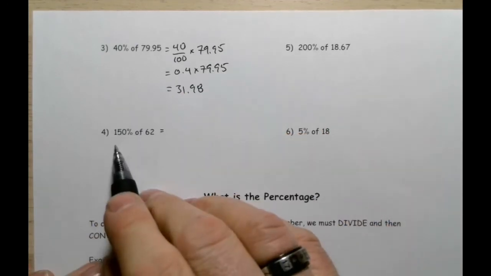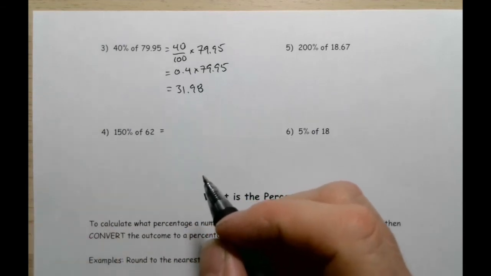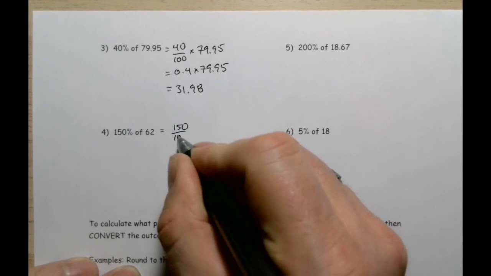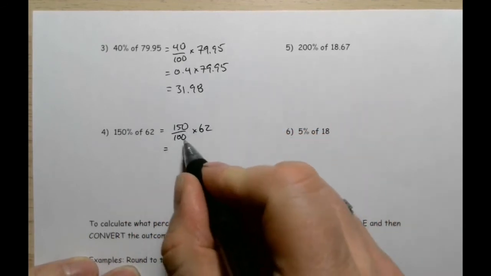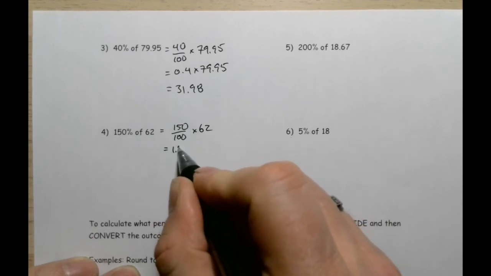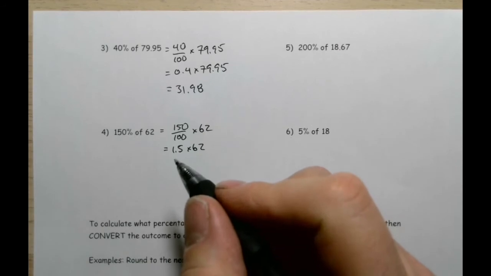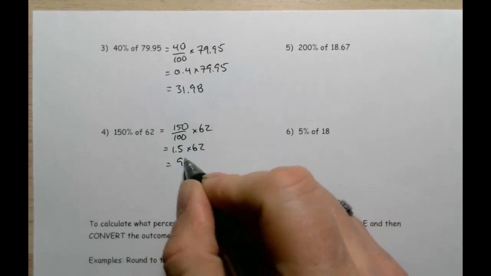Now, because this is larger than 100%, I know that the value is actually going to be bigger than 62, than what I'm seeing here. So this is 150 over 100 multiplied by 62. There's the of becoming multiplication. Move the decimal 2 over, and I get 1.5 times 62. I'm sorry, I keep doing that. 1.5 times 62, and I get 93.